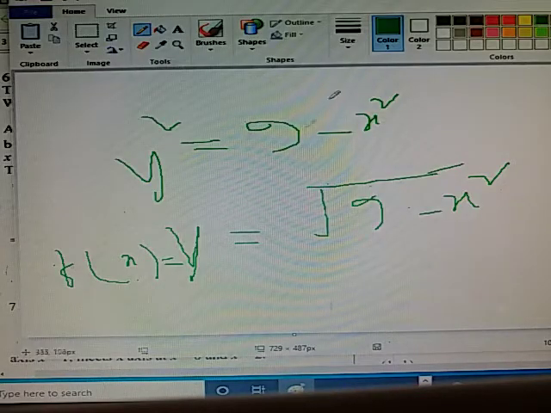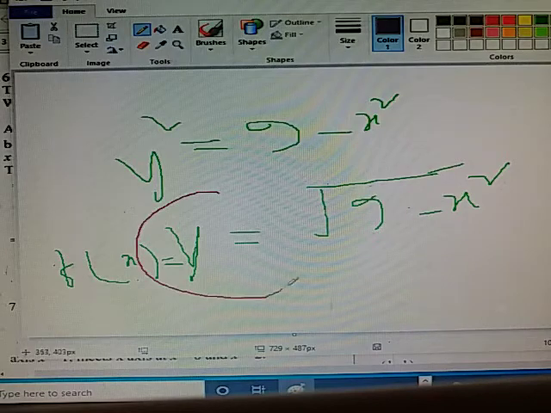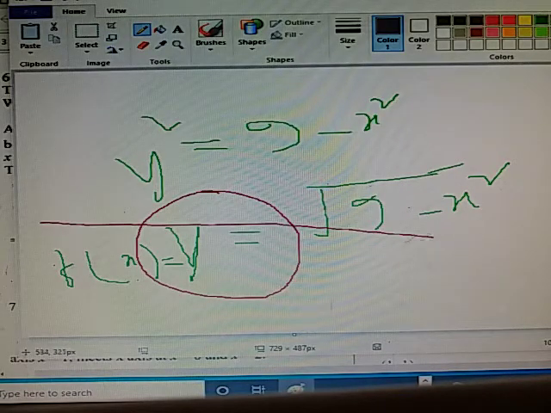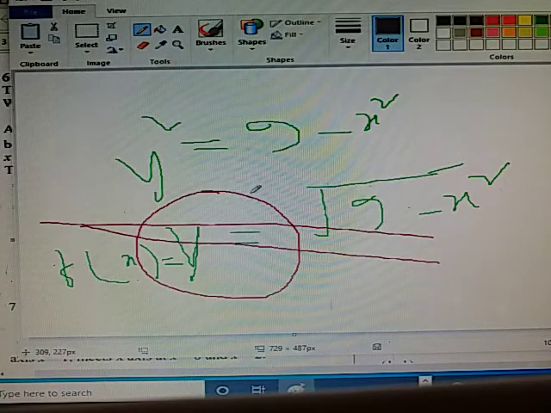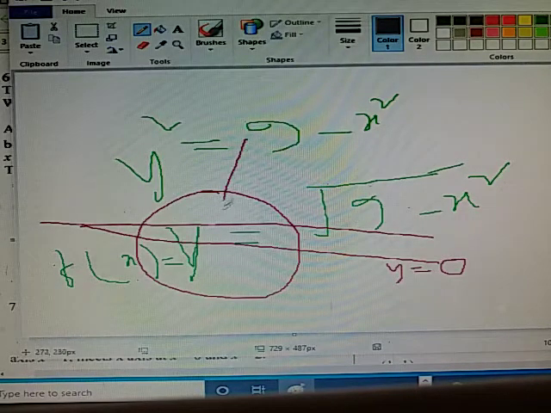So if this is our diagram, this is x equal to y equal to 0, the x axis. This part is y greater than 0, and this part is y less than 0.